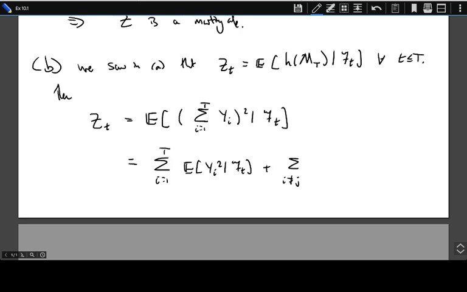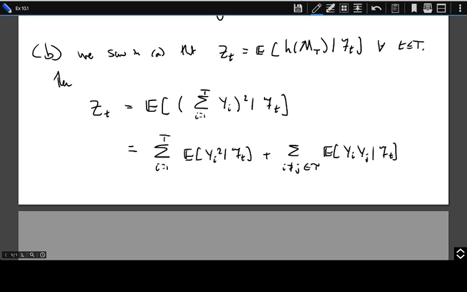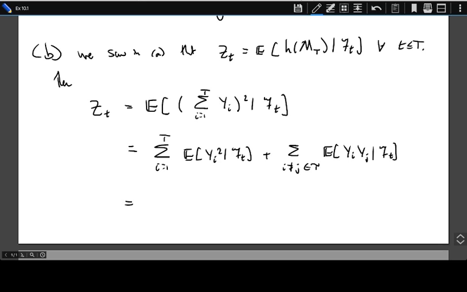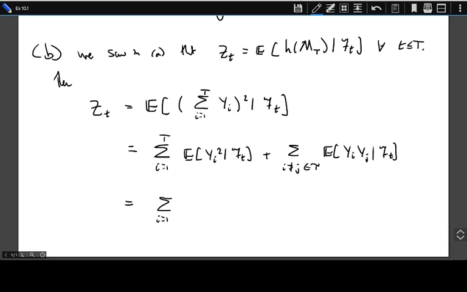On the left hand side, all the squares. On the right hand side, all the elements multiplied together which are not at the same time. Some of these are measurable with respect to F_t. In fact, that's all Y_i's up to time t. So their conditional expectation is just equal to those random variables.